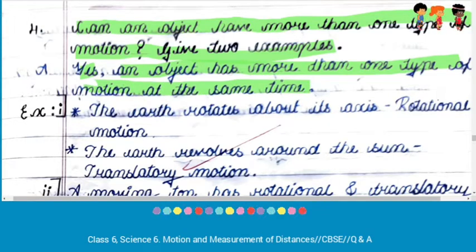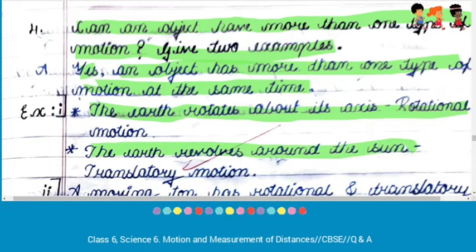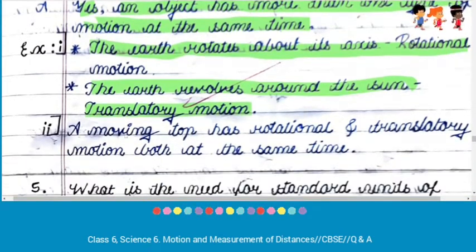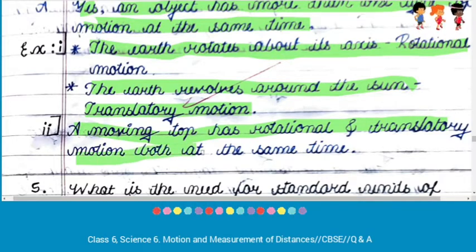Examples of this kind of motion: the earth rotates about its axis, which is rotational motion, and the earth revolves around the sun, which is a translatory motion. Another example, a moving top has rotational and translatory motion both at the same time.